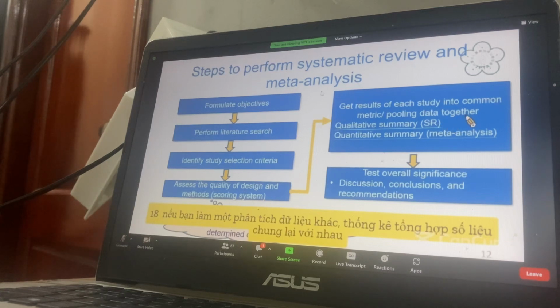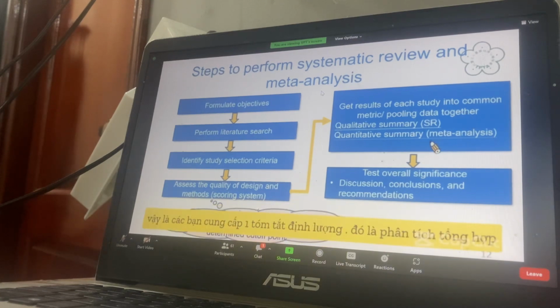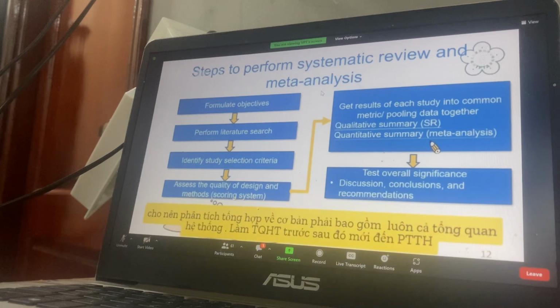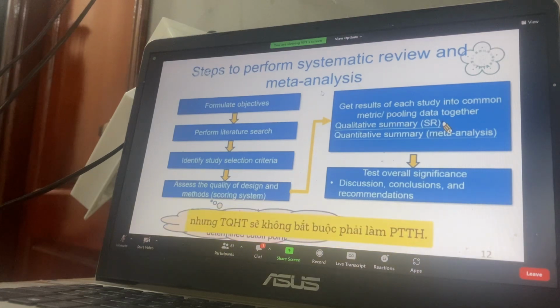But if they do another data analysis or statistical method to pool the data together, then they are providing a quantitative summary, and that is meta-analysis. So basically, if it is a meta-analysis study, it must include a systematic review first and then meta-analysis. But a systematic review does not have to have the meta-analysis process.